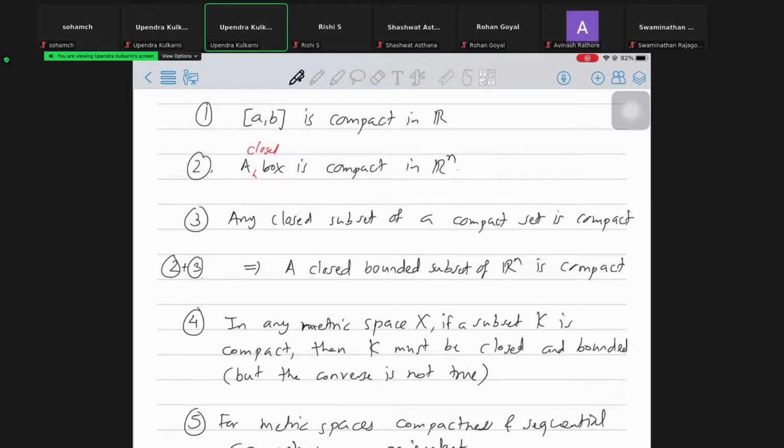And then in step 4, we showed the converse, which is that if I have a sequentially compact set, in fact, in any metric space, then it must be closed and bounded. So in particular, the same is true for Rn. So we are going to follow the exact same strategy for compactness that we showed for sequential compactness. So that's what we are going to do today.